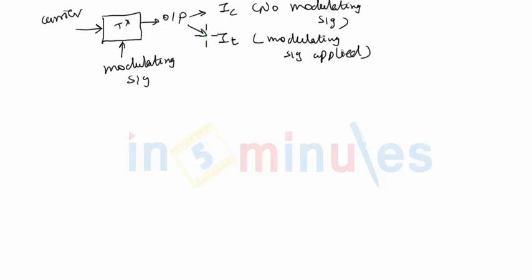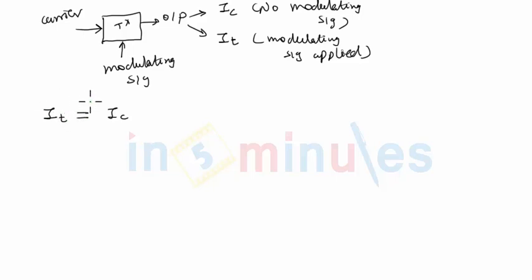So the question says the RMS antenna current increases by 15% when a sinusoidal modulating signal is applied. When the modulating signal was not applied, the output current is IC, which is the same as the carrier current. When the modulating signal is applied, the output current becomes IT, and the question says IT increases by 15%.